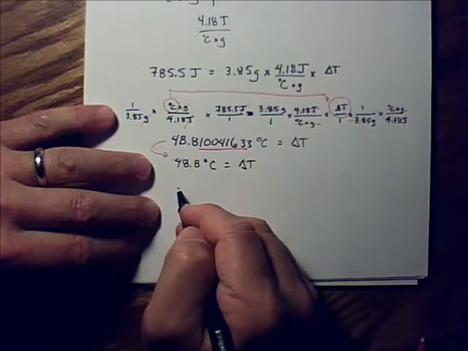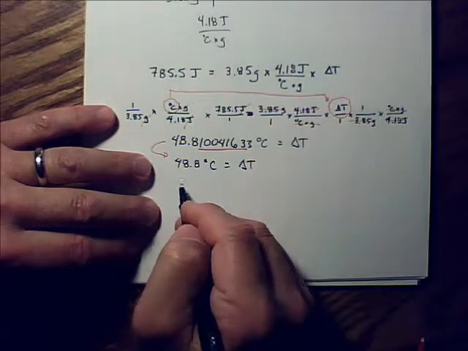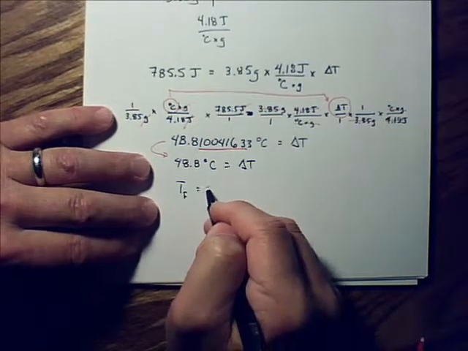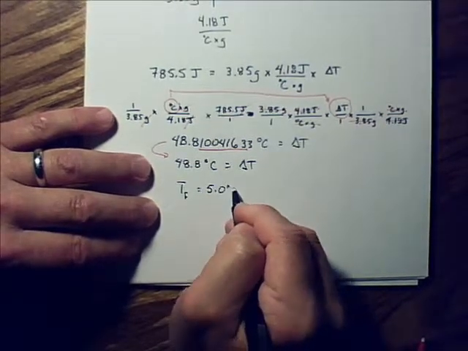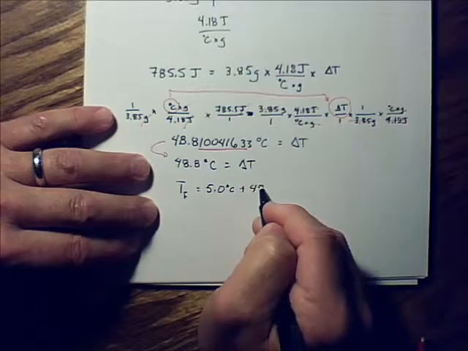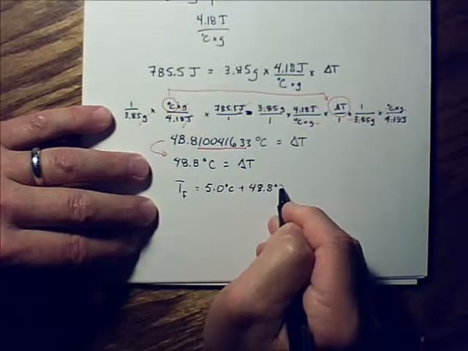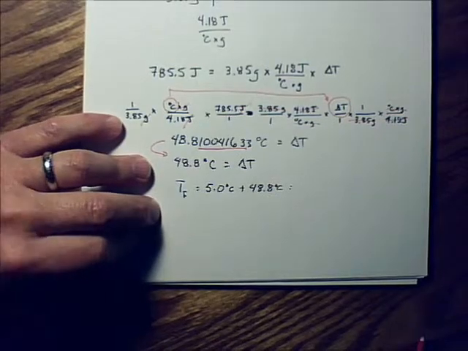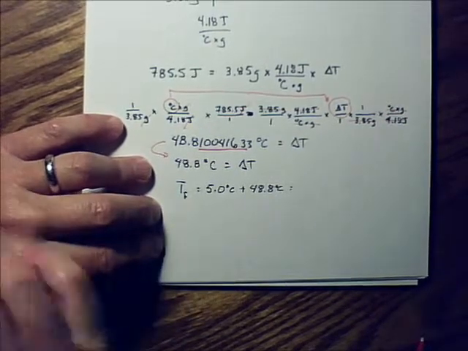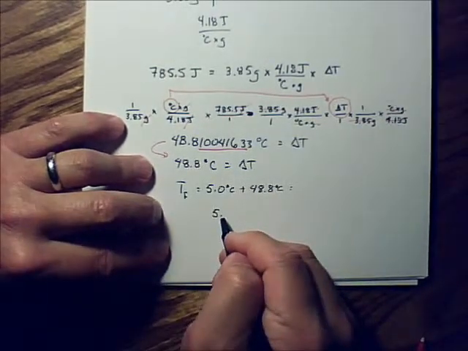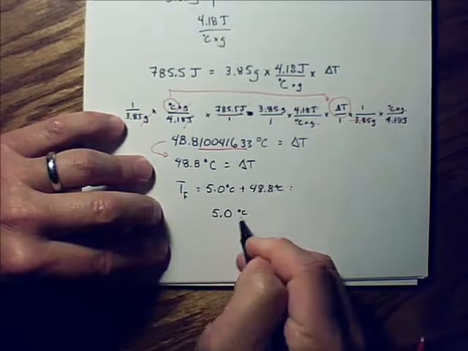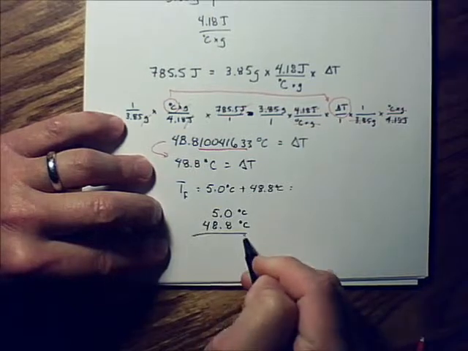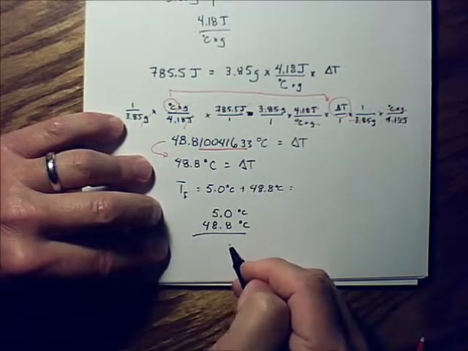Does that make sense? So the final temperature, T, is actually going to be 5.0 degrees C plus 48.8 degrees C. How do we figure out what significant digits we need in this answer? Well, remember you got to put them vertically. 5.0 degrees C, 48.8 degrees C, and add them up.